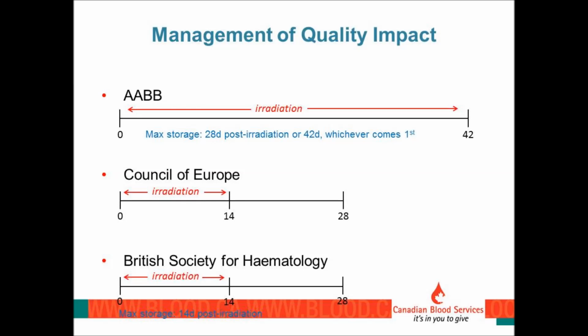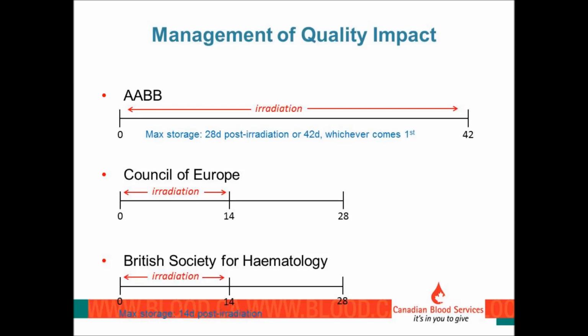So different groups out there have decided on different standards for how long you can irradiate. And we mostly go with CAP standards or the AABB standards, and that's how CSA standards are mirrored in Canada. AABB allows irradiation anytime up to 42 days of the unit, but you can only store a maximum 28 days post-irradiation.